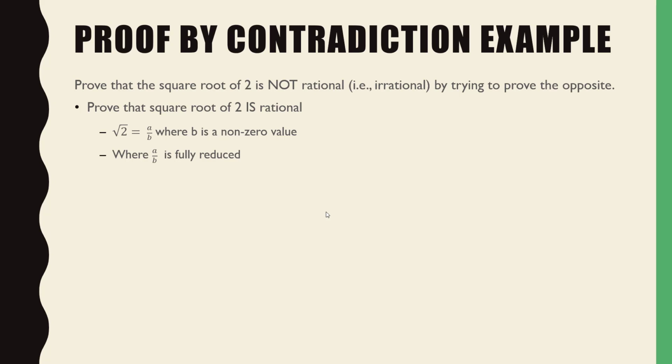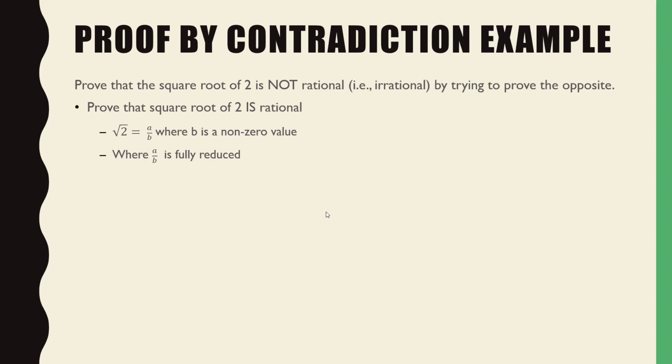Can they be further reduced if they're both odd? Not necessarily. 11 and 3, we can't reduce that anymore. 9 and 3, you could reduce more. So what we know is at least one is odd. They both might be odd, but guaranteed one of them is not even, if they're in the lowest form.